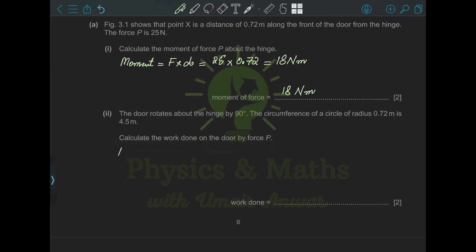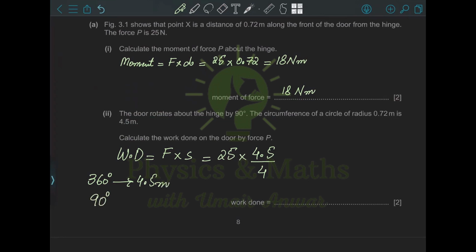For the work done, we have to multiply force with the distance traveled in the direction of the force. The force is acting as 25 newtons and the distance covered in the direction of force is circumference divided by 4, because when the complete circle is traveled, then the angle is 360 degrees and the distance is 4.5 meters.